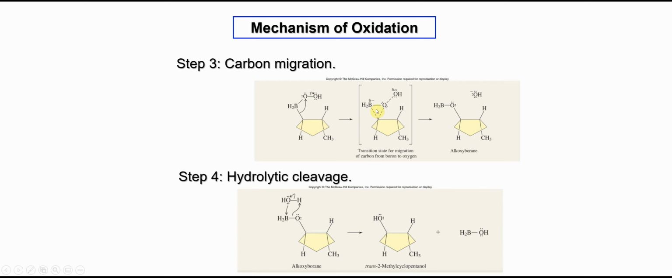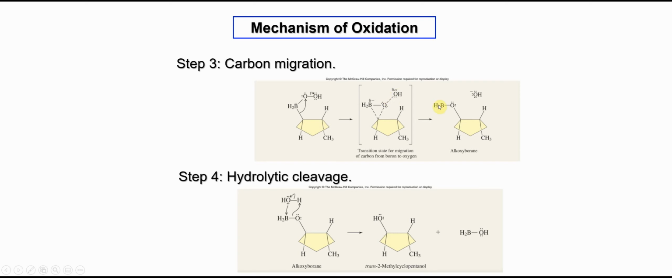Therefore, this carbon boron bond will further break up, and the carbon oxygen bond will be formed. This oxygen bond will also weaken and then break up to produce hydroxide.